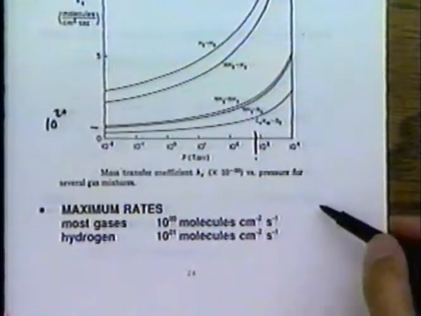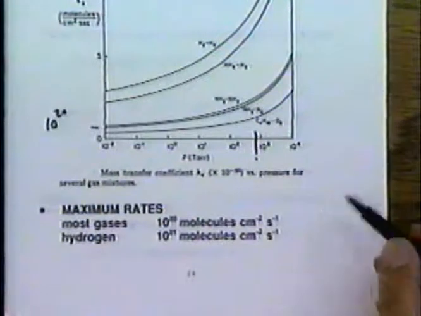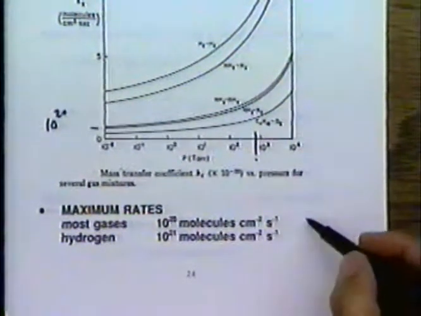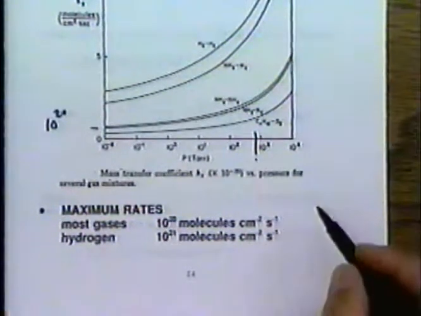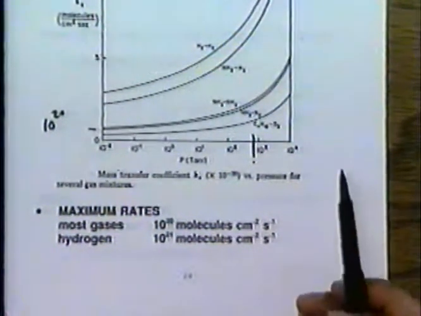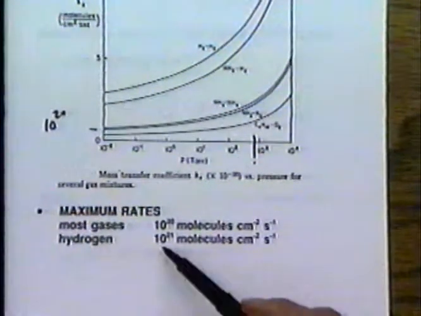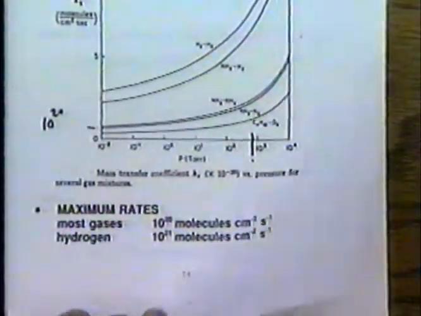So heterogeneous reactions have in practice a maximum rate that we can approach, and that rate will be given by mass transfer and diffusion. I mean, it will be very difficult to find a reaction in which the rate that we can actually measure will be larger than these values.